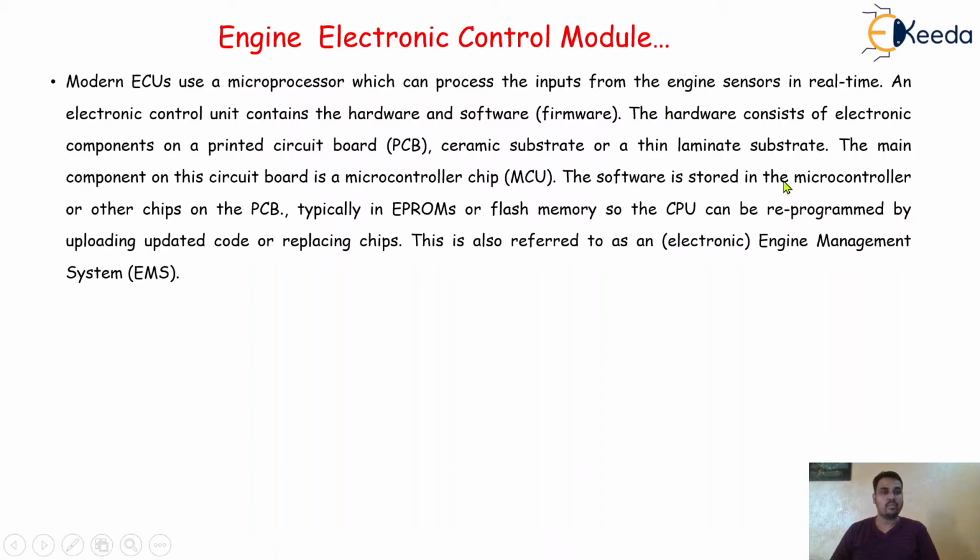The software is stored in the microcontroller or other chips on the PCB itself, typically EPROMs or flash memory, so the CPU can be reprogrammed by uploading updated code or replacing the chip. These EPROM or flash memory types of PCB are often used. This is also referred to as an electronic engine management system, and it is also part of this EMS.